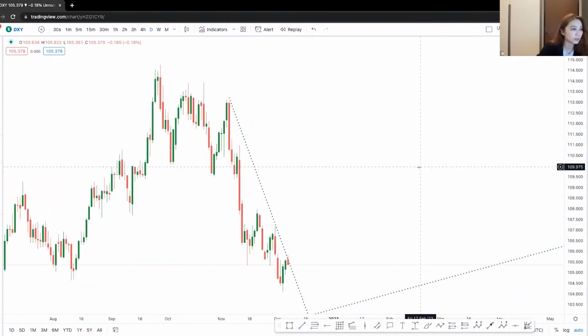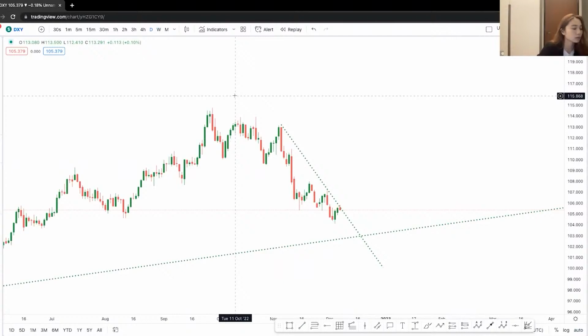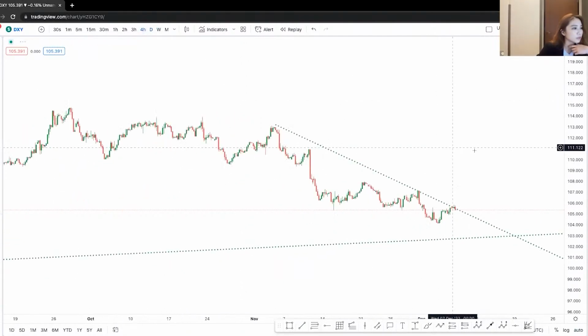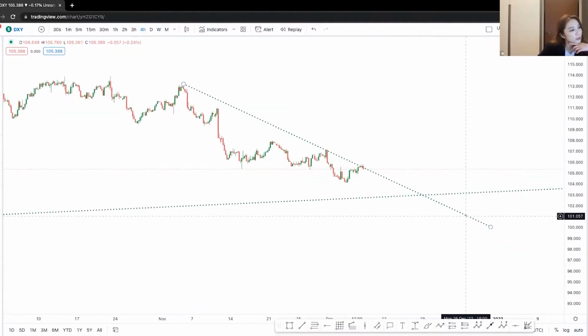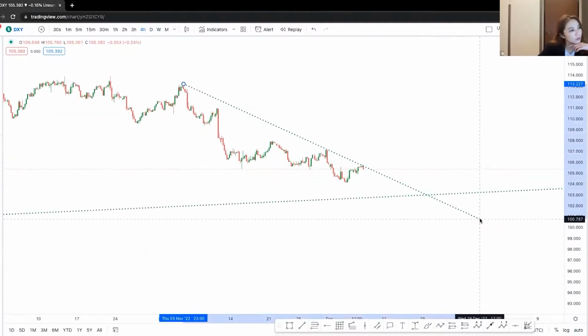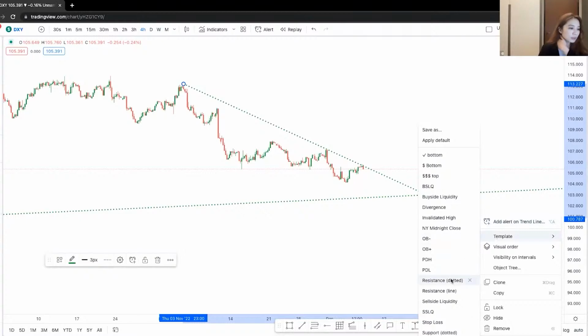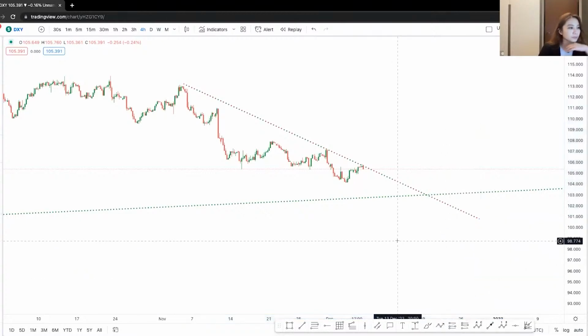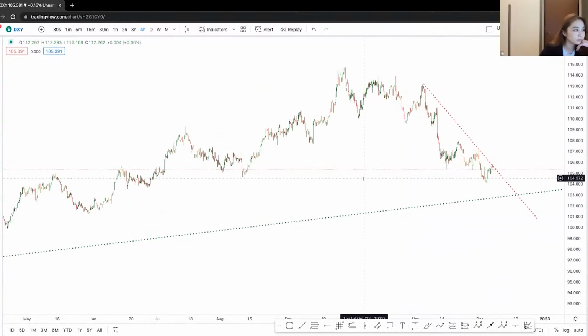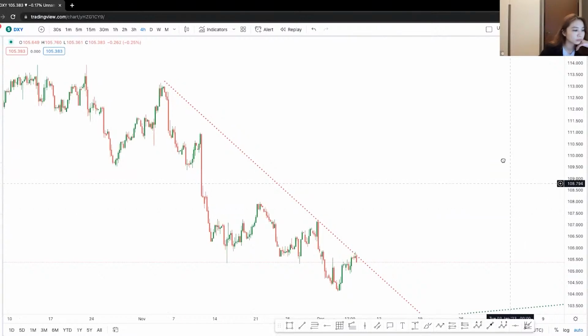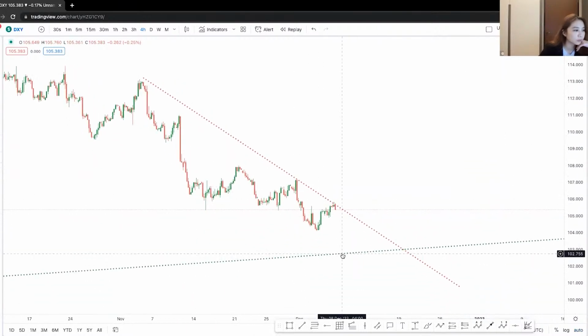So recently we're looking at a down drop. Let's look at H4. Yep, so looking at a downward fall for recent timings. Short-term downward, we can look at long-term upward, but let's do the downward first.